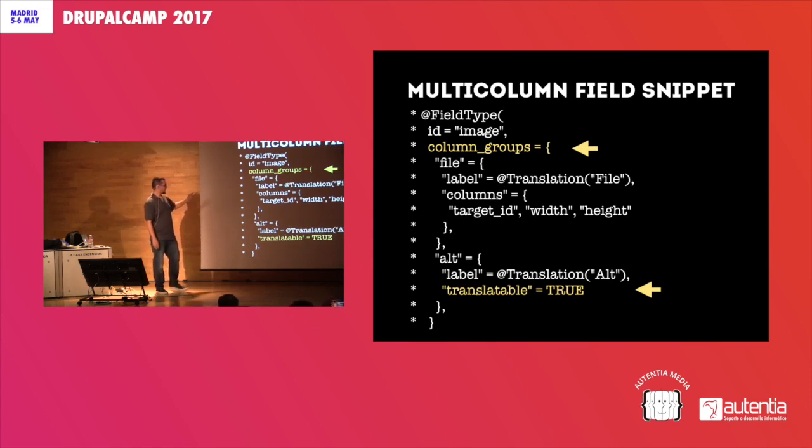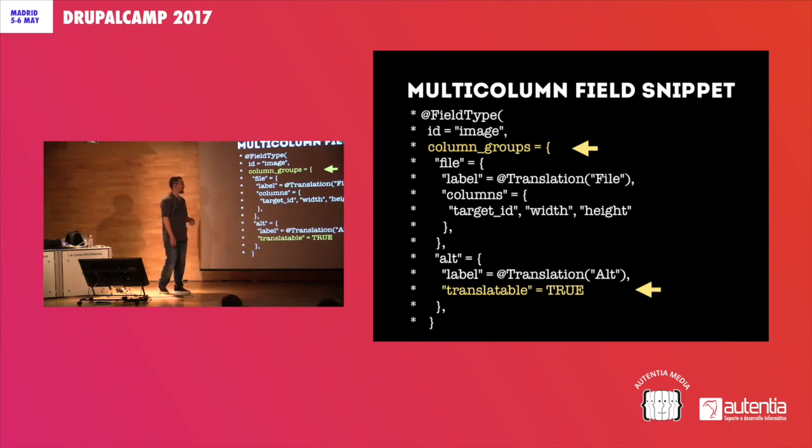And we define here that we have the file, which contains different columns about the data you are saving, which is the target ID of the file, the width of the image, and the height of the image. And then we have other properties like the alternative text or the title, which is not here.